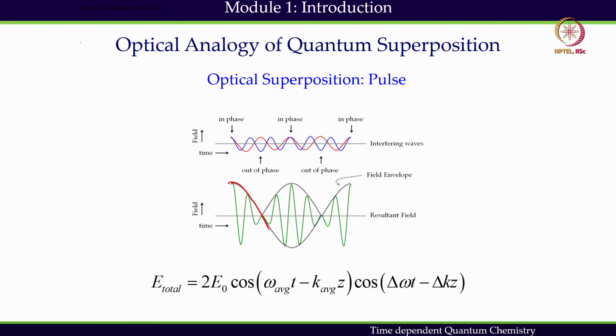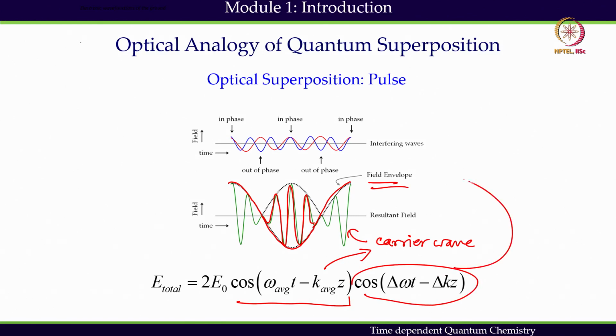This one is the slowly varying component, which is defining the field envelope, but this one is the fast varying component, which is defining the resultant carrier wave. This part is the carrier wave and this slow part is defining the envelope.